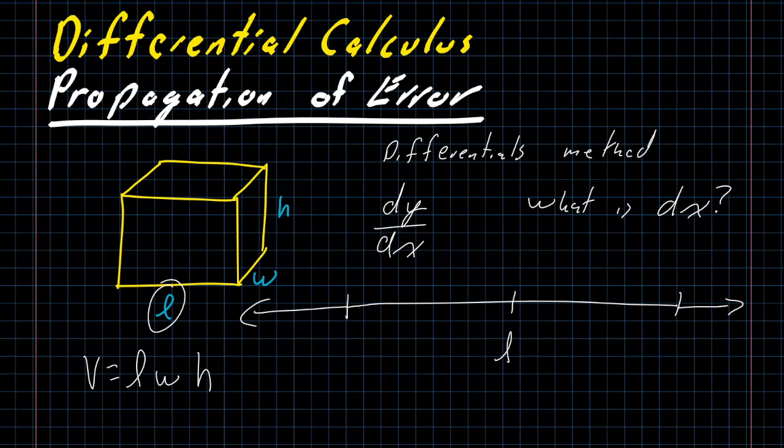I have the marking for L here, and there is some amount of space between that marking and the next marking in either direction. I'm going to call that amount of space dL. Or if you would prefer, I've also seen it written as L prime. And that's what we're going to look at.